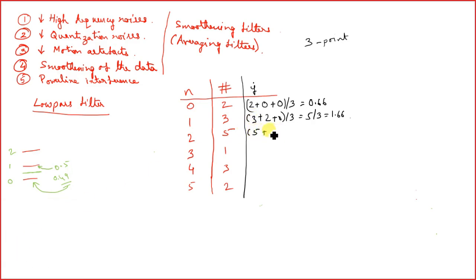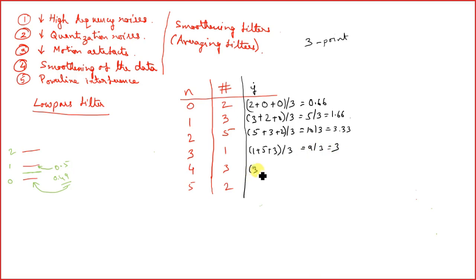Next, you get 5 plus 3 plus 2 divided by 3, 5 3 8 plus 2 10, 10 by 3, 3.33. Next, it comes out to be 1 plus 5 plus 3 equals 9 by 3 equals 3.